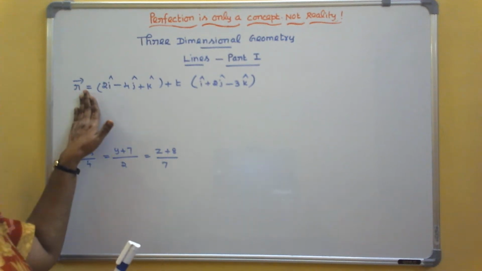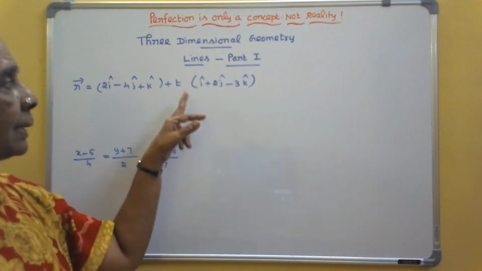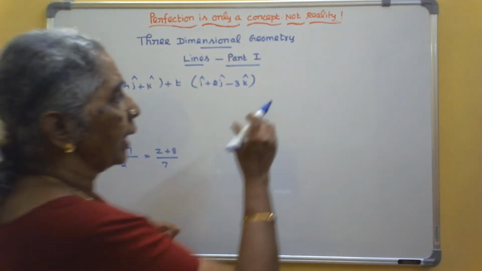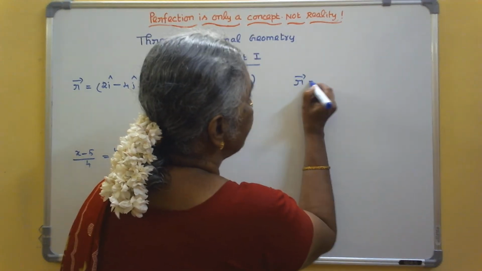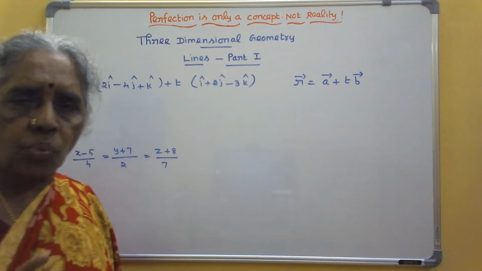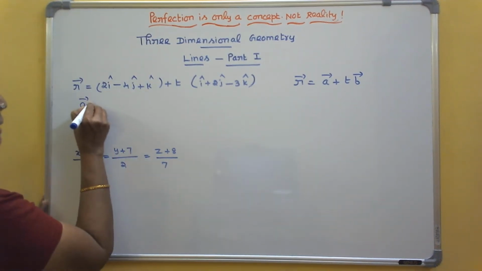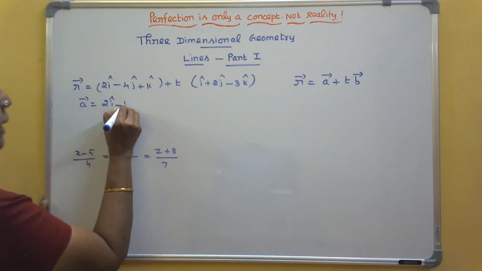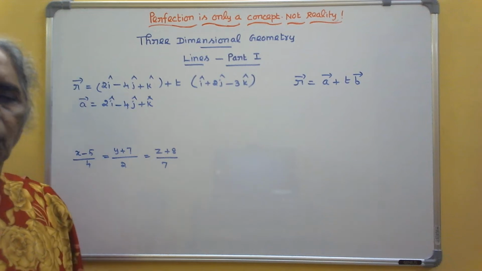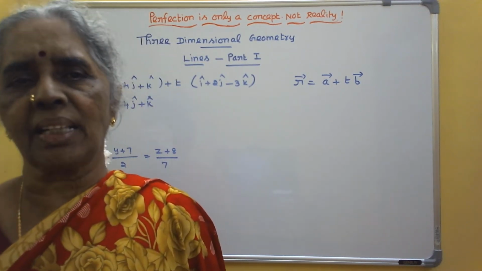R vector is equal to, the first one is actually a vector plus t into the second one is b vector. So you should actually compare it, because this is your general equation format, right? So here I told you the point whose position vector, that is a vector, is 2i cap minus 4j cap plus k cap. Any point we can express in the vector form as well as in Cartesian form, isn't it?